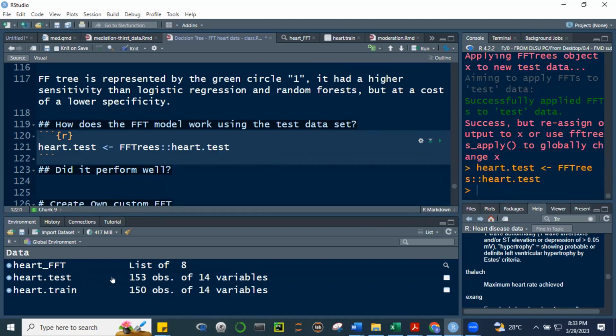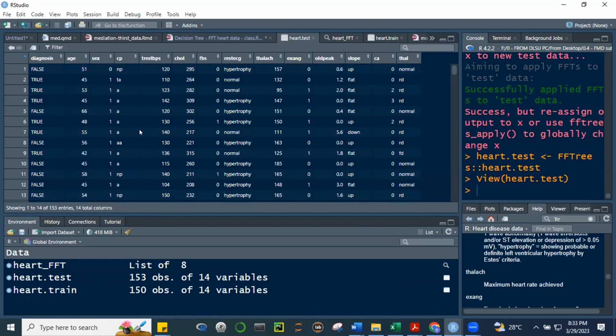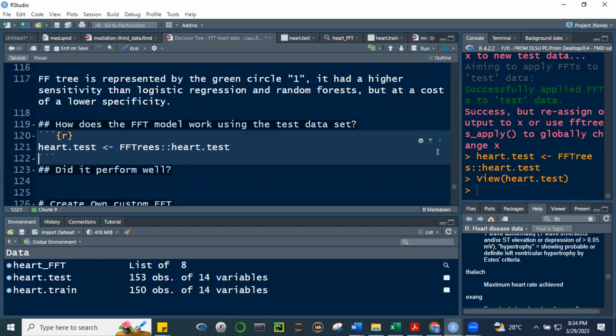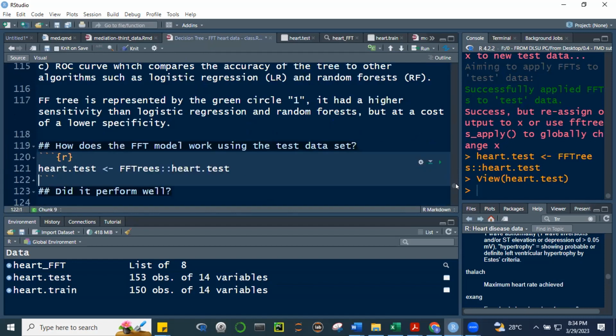So heart dot test has more observations. Similar data, similar only, but this is data that has not yet been seen by the model. It has not seen this data yet. Okay, let's try to see this.